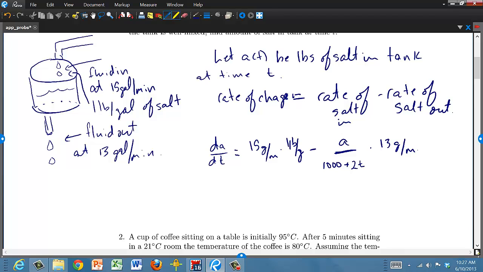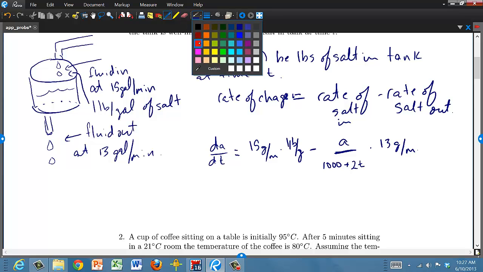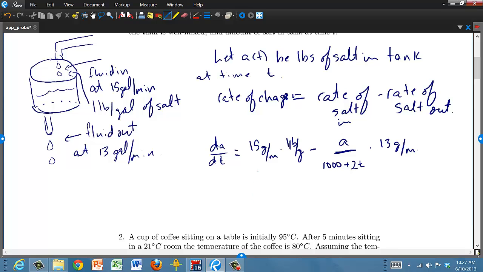So let me take a moment and I'm going to mark this up a little bit. This is the rate of fluid in. So this is a concentration.